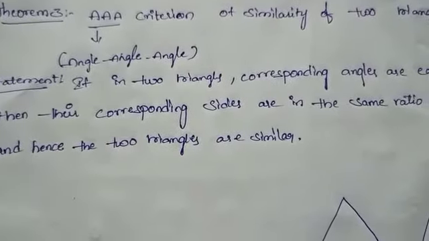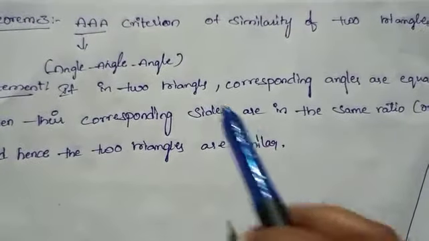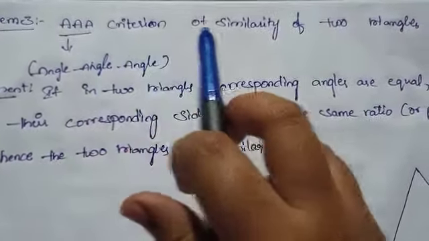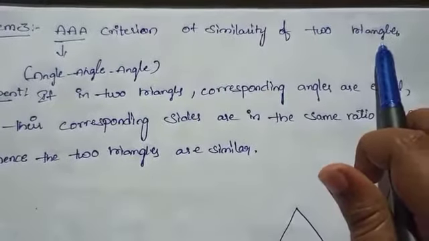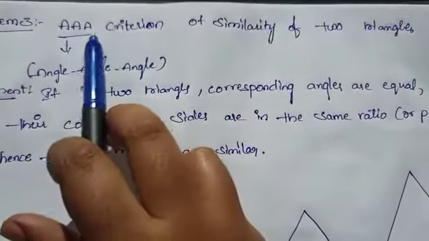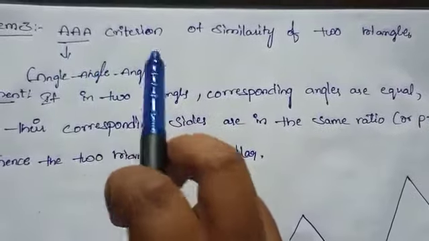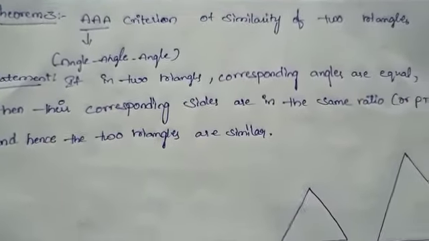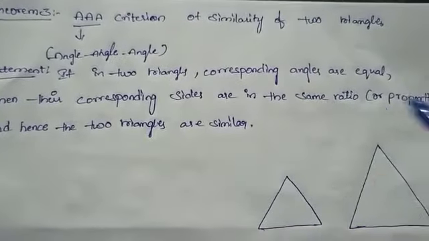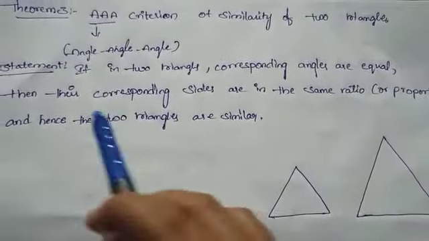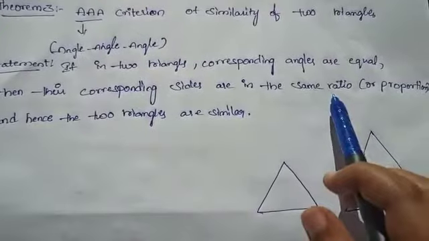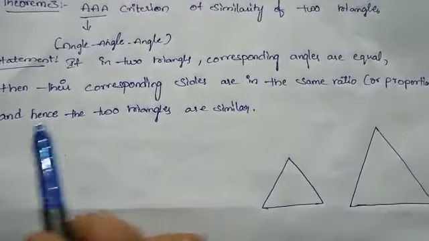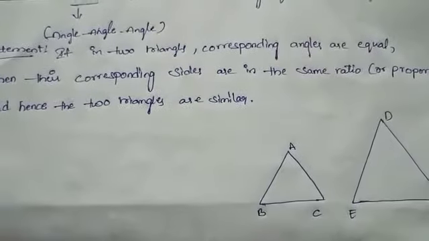Let's discuss one theorem, that is the AAA criterion of similarity of two triangles. Here AAA means angle, angle, angle. See the statement: if in two triangles corresponding angles are equal, then the corresponding sides are in the same ratio or proportion, and hence the two triangles are similar.